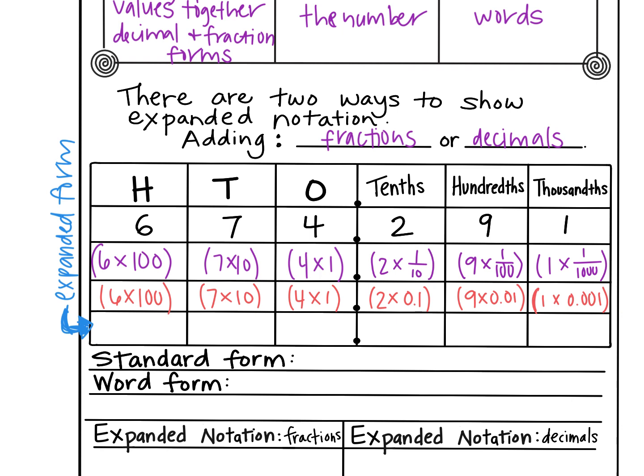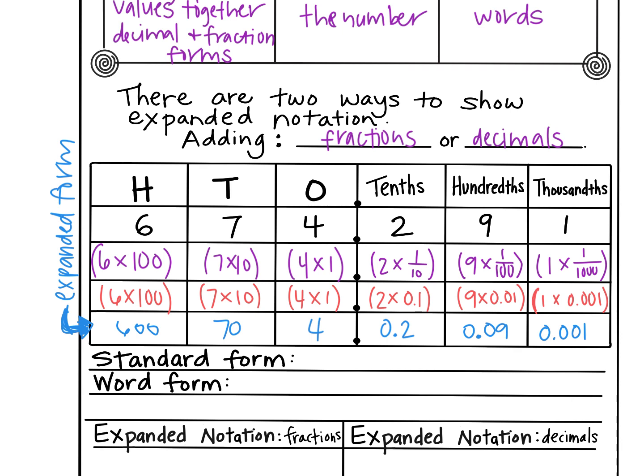So the value of 6 times 100 is 600. The value of 7 times 10 is 70. The value of 4 times 1 is 4. This is what you're probably used to seeing. This is expanded form. The value of 2 times 1/10 is 2/10. The value of 9 times 1/100 is 9/100. And the value of 1 times 1/1,000 is 1/1,000. So that is expanded form.